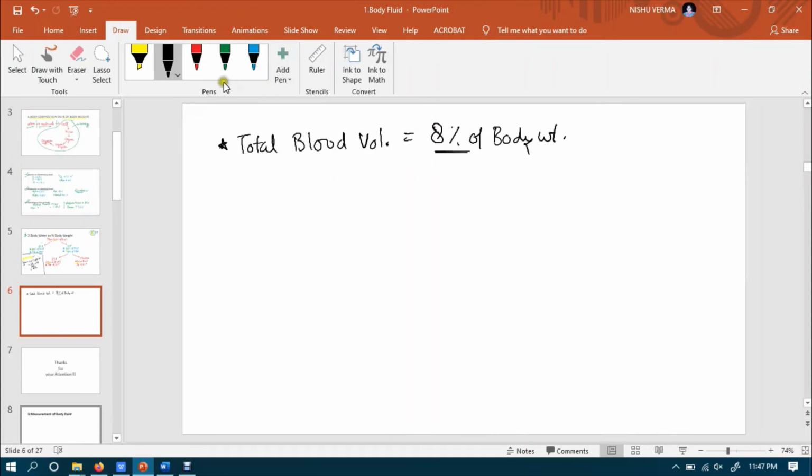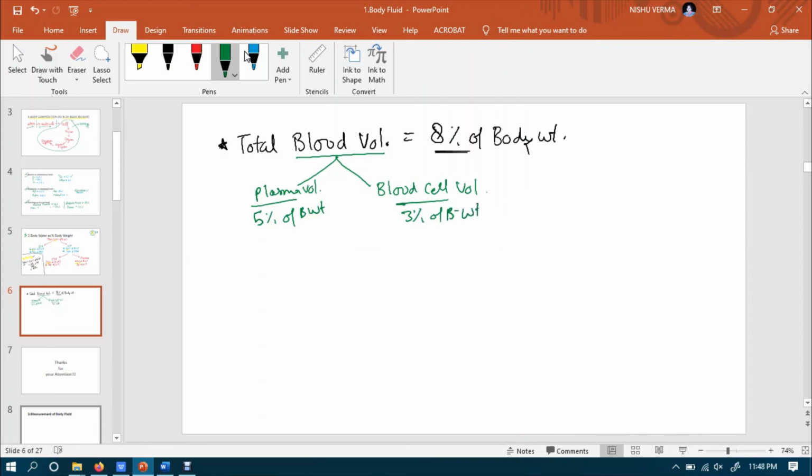When we talk about blood volume, blood consists of two things, basically plasma volume and blood cell volume. When we add these two things, we get the blood volume. Plasma volume is 5% of the body weight, whereas the blood cell volume is 3% of the body weight. So when we add these, we get 8% of the body weight.